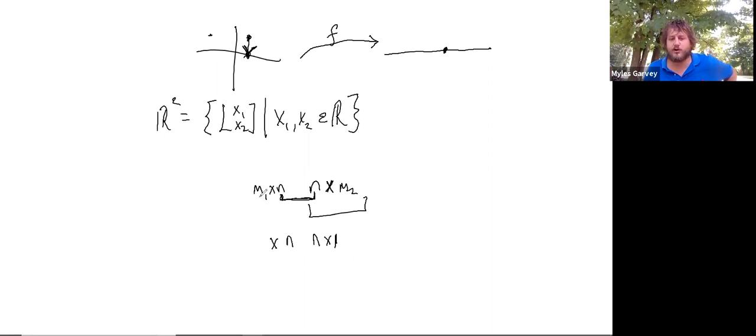Suppose that I want to convert this vector, which is in n dimensions, to a vector that's in m dimensions. So in our little example, we went from 2 dimensions to 1 dimension.